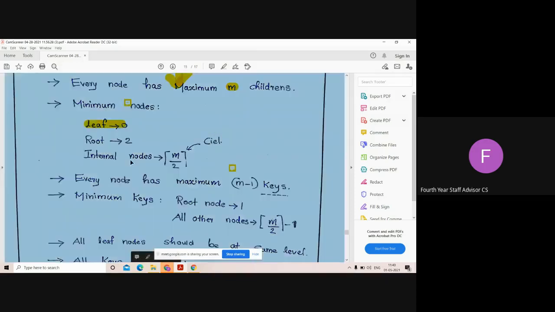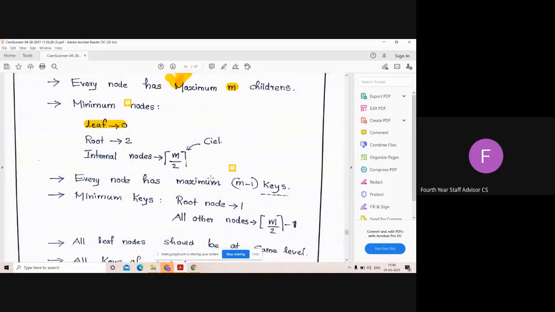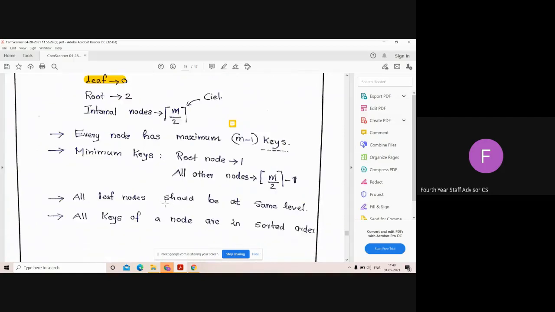Next, every node has a maximum of m minus 1 keys. Then the minimum number of keys in the root node should be 1.